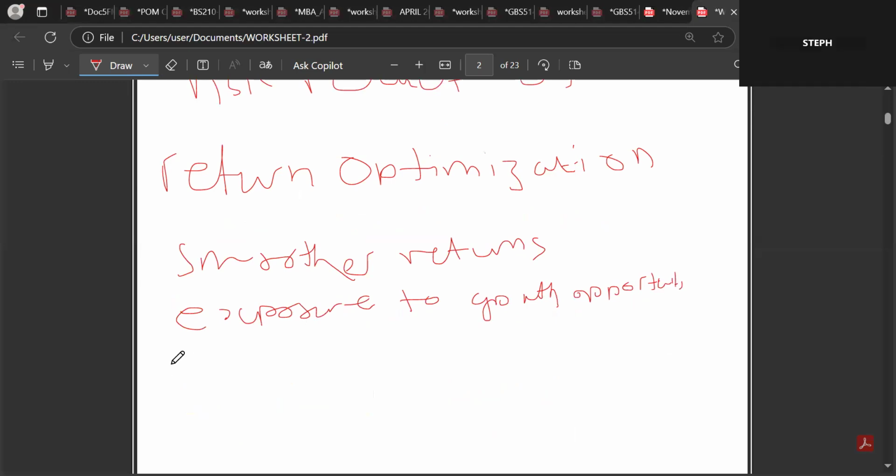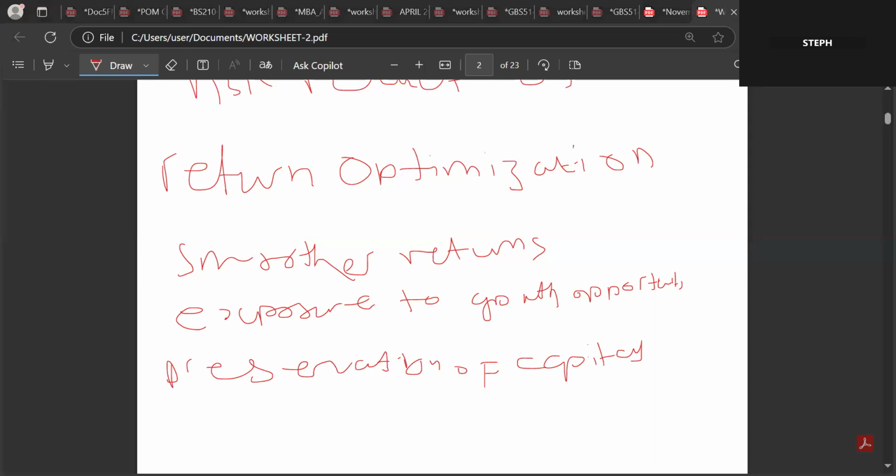And lastly, preservation of capital. This is why we diversify. Are we okay so far?